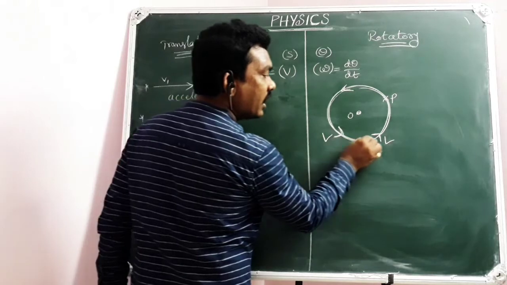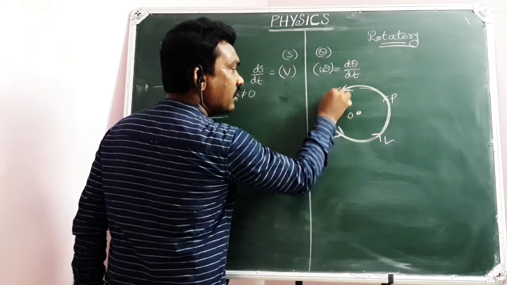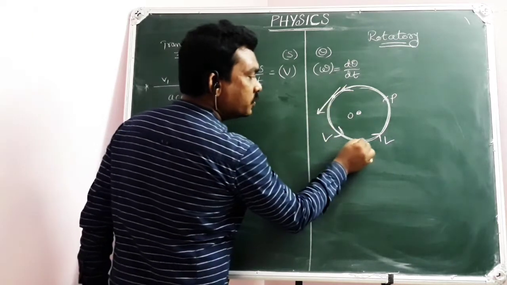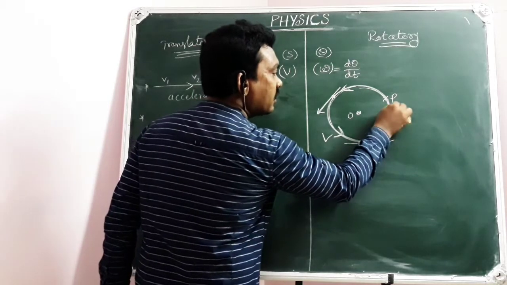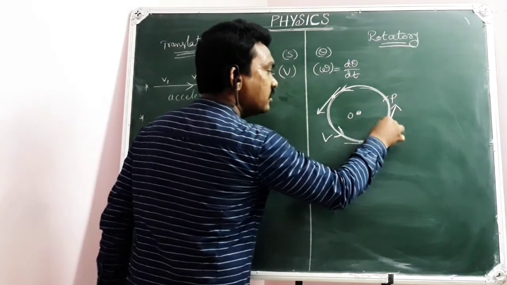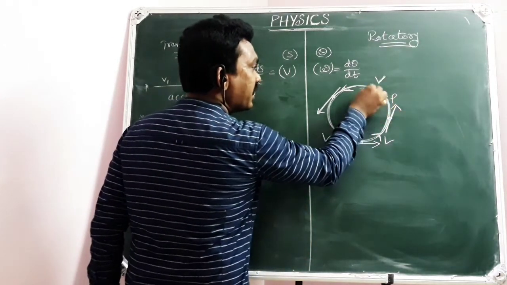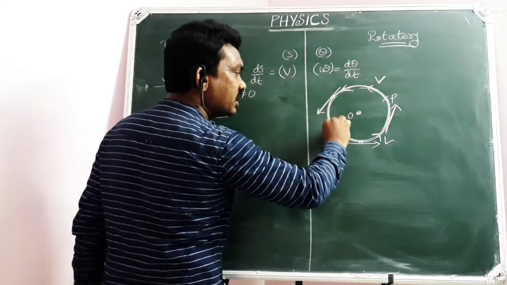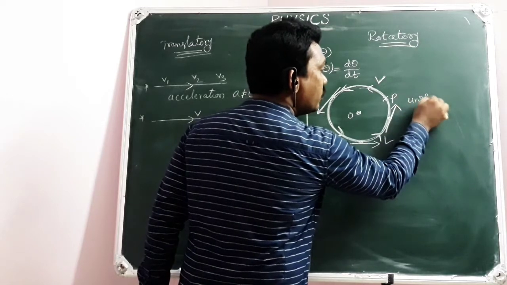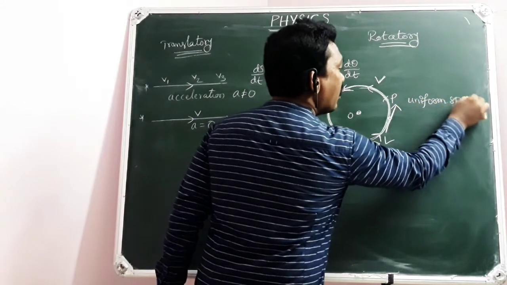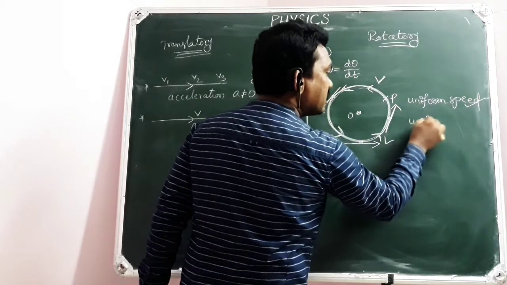When a particle moves along a curved track, at this point the direction of motion is along the tangential direction. At this point, the direction of motion is along the tangential direction. So even though the speed of the particle remains constant, the direction is going to change continuously. So I do say it is moving with uniform speed along a circular track, but not with uniform velocity.